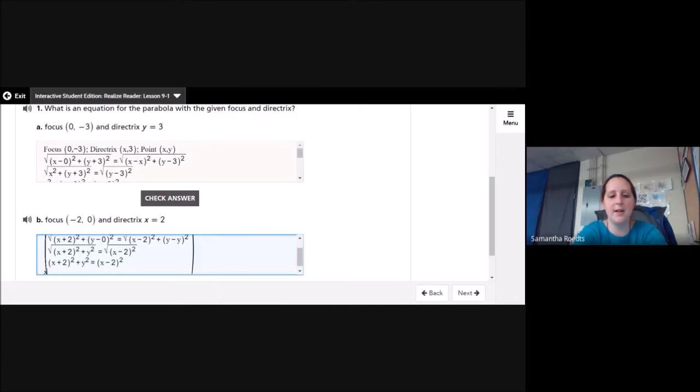When I expand this, I get x squared plus 4x plus 4 plus y squared equals x squared minus 4x plus 4. When I simplify, I get y squared equals negative 8x. I solve for x, so x equals negative 1/8 y squared.